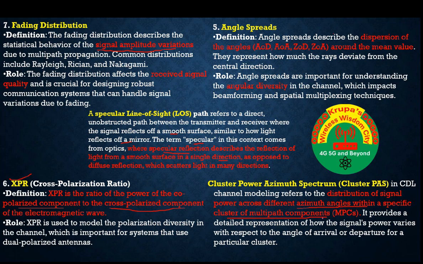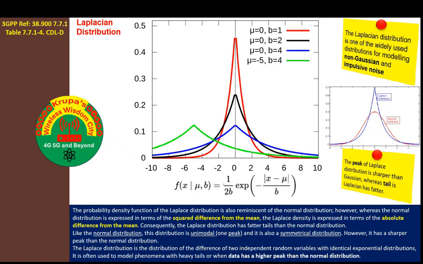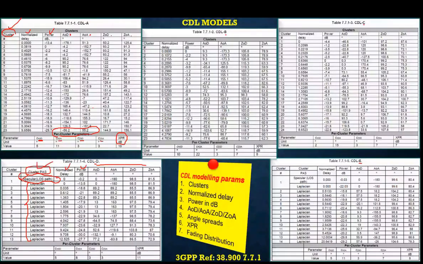It provides a detailed representation of how the signal power varies with respect to angle of arrival or departure for a cluster. So with that we covered the details of all the CDL channel parameters.